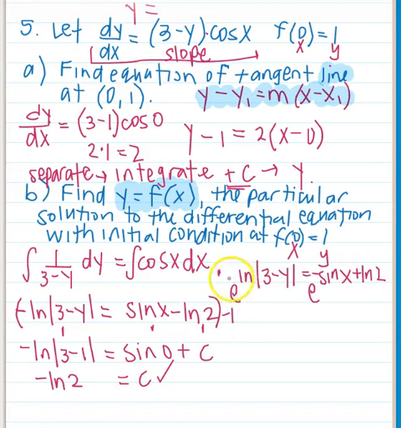Notice ln here has a positive 1 in front. That's the only time that ln and e will cancel, bringing the 3 minus y down. Over here, because of the plus sign, remember that theorem that says x to the m times x to the n is equal to x to the m plus n? Because the bases are the same, you can add the exponents.